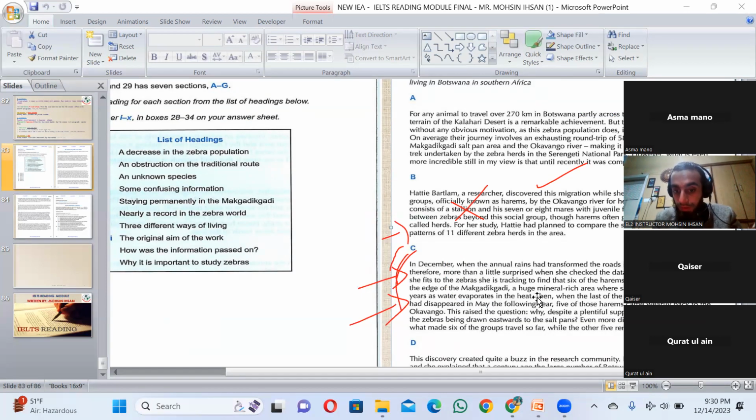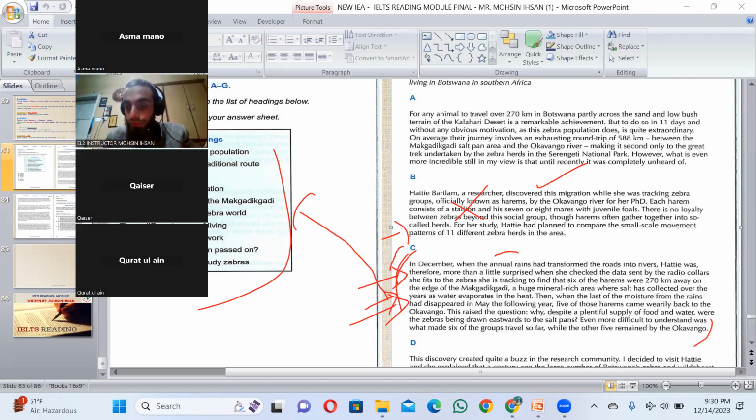Now, I'm just going to make it clear to you, and then I would ask what heading or what title you would like to give it, and then we would compare your title with the list of headings. In December, when the annual rains had transformed the roads into rivers. Are you getting it? What is the message?